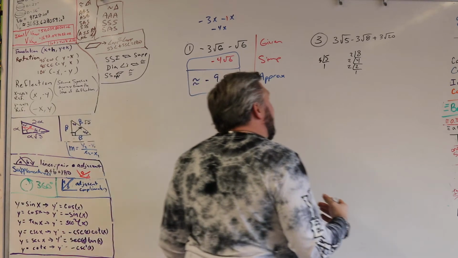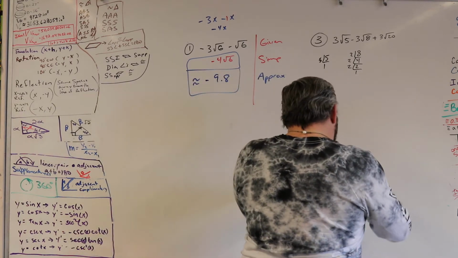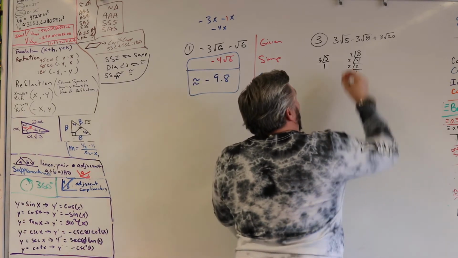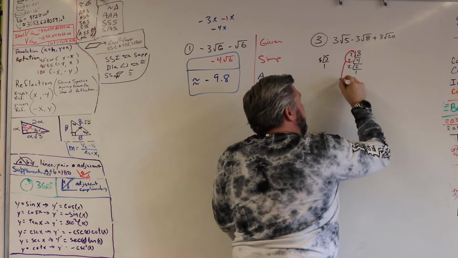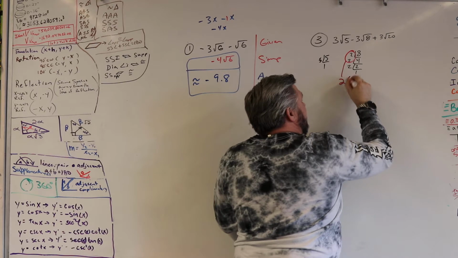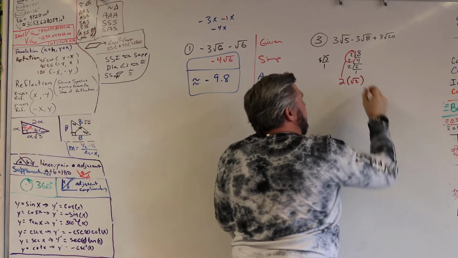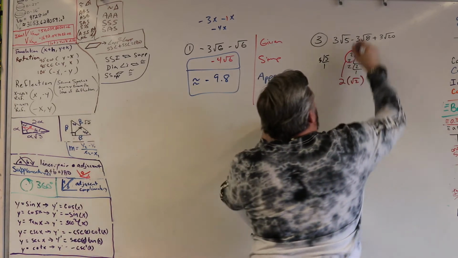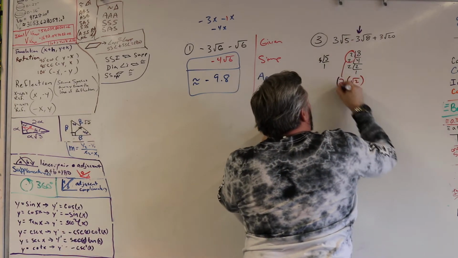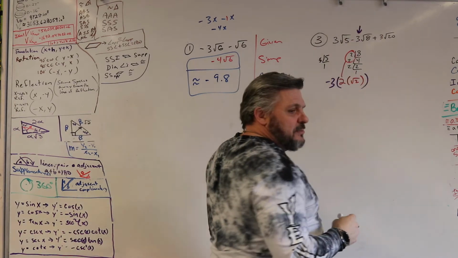And what this does is it lets us set up the next one. So this is going to be 2 square roots of 2. Okay? But remember, we have 3 of those.